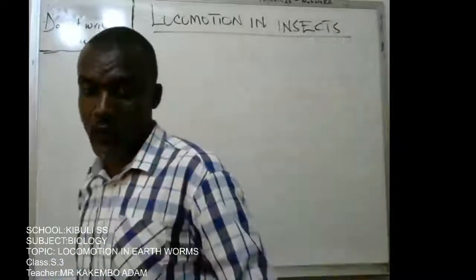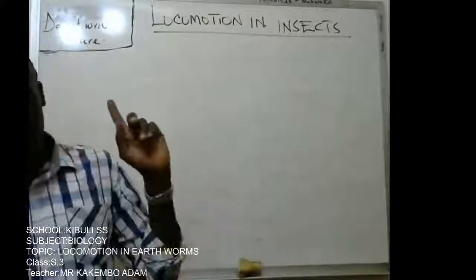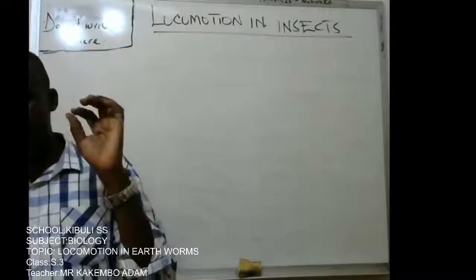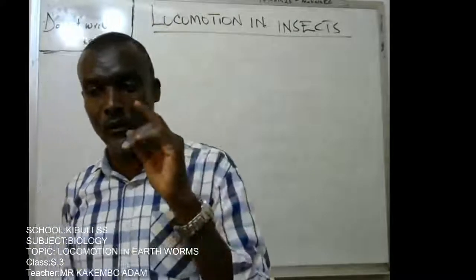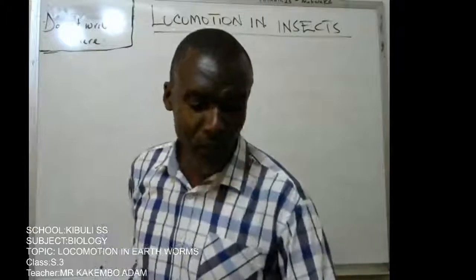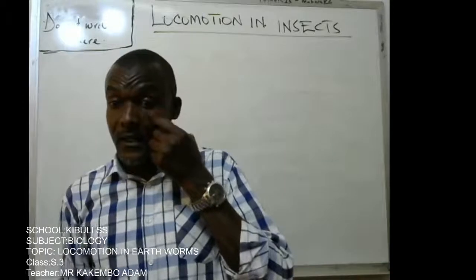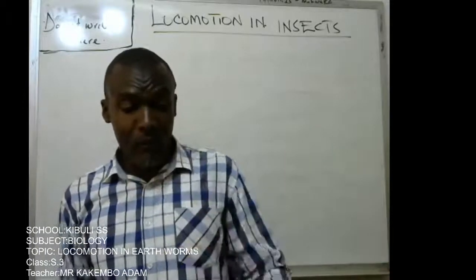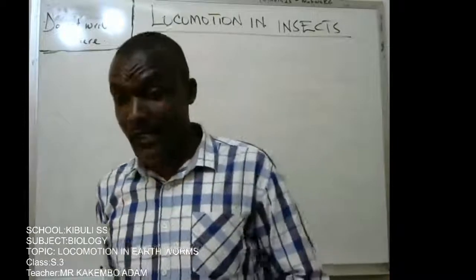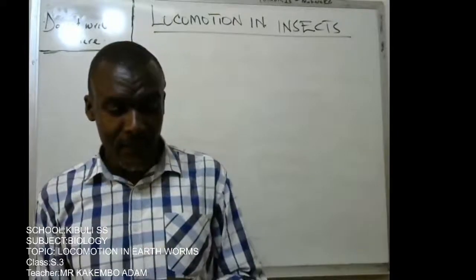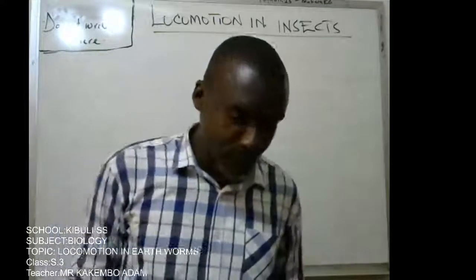I suggest members who are missing some parts of the work, you follow the notes I'm giving on the board. Please take notes. Locomotion in insects, like any other organism, many insects carry out locomotion in different ways. Some insects have legs to walk, others have wings to fly. So they can fly, they can walk.